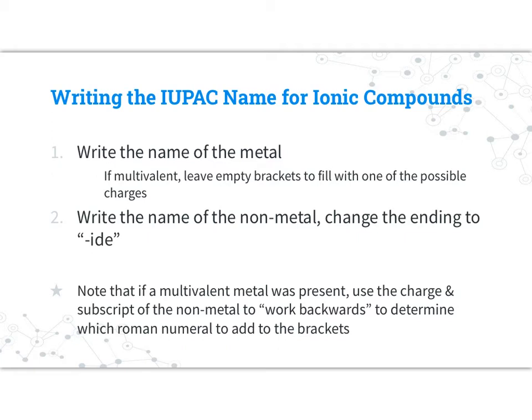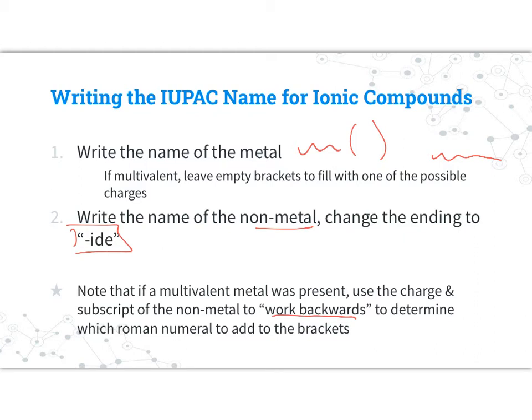So I'll write the element's name, leave a bracket, a space, and then I'll write the next element. Then we'll write the name of the nonmetal, the second element, again changing the ending to "-ide". Note that if a multivalent element was present, use the charge and subscript of the nonmetal to work backwards and determine which Roman numeral we need to add to the brackets.